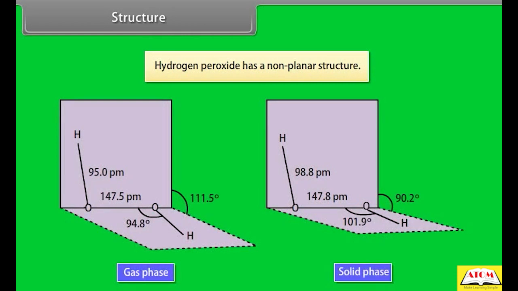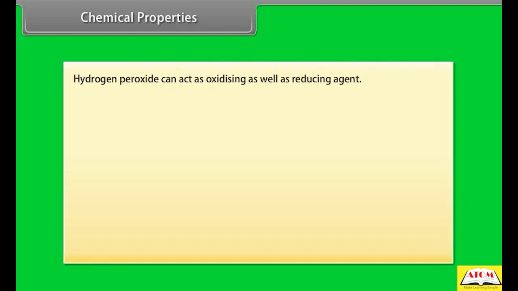Structure. Hydrogen peroxide has a non-planar structure. In gas phase, the dihedral angle is 111.5 degrees. In solid phase at 110 Kelvin, the dihedral angle is 90.2 degrees. Chemical properties. Hydrogen peroxide can act as an oxidizing as well as a reducing agent.